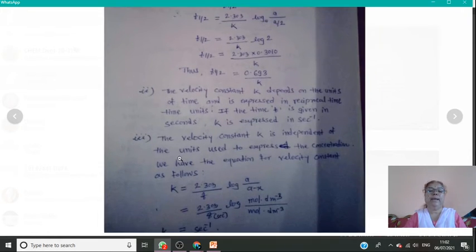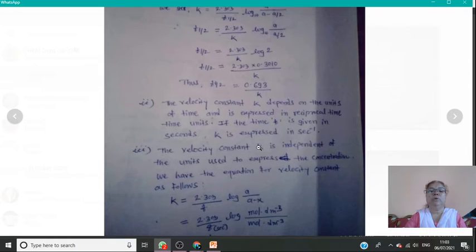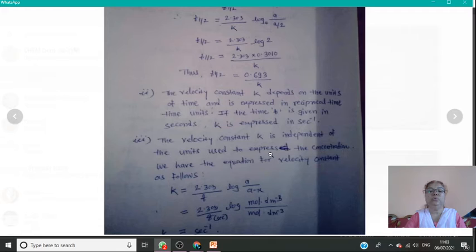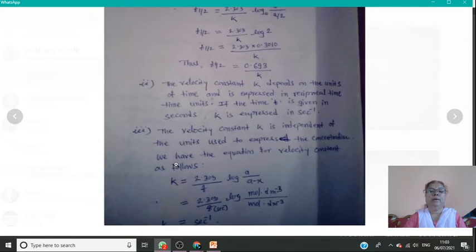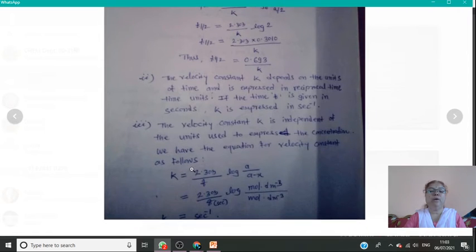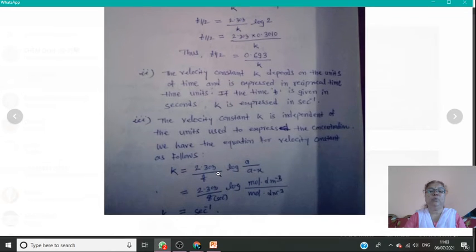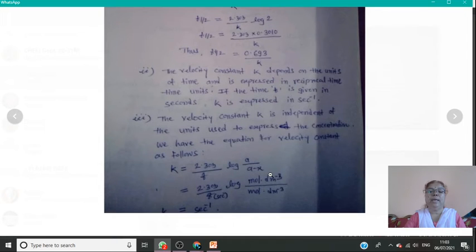Then the third characteristic: the velocity constant K is independent of the units used to express the concentration. Here we have the equation for the velocity constant of the first order reaction, K equals 2.303 upon t into log a upon a minus x.